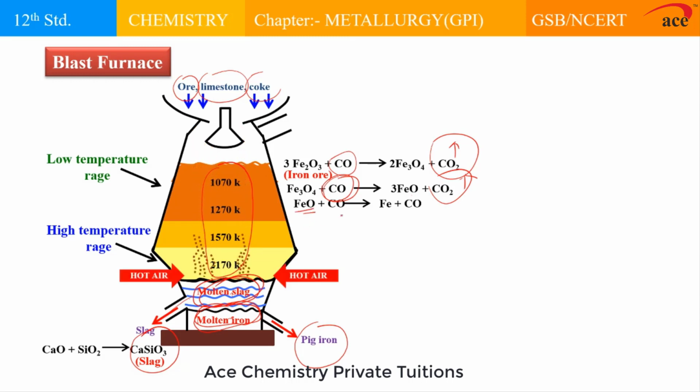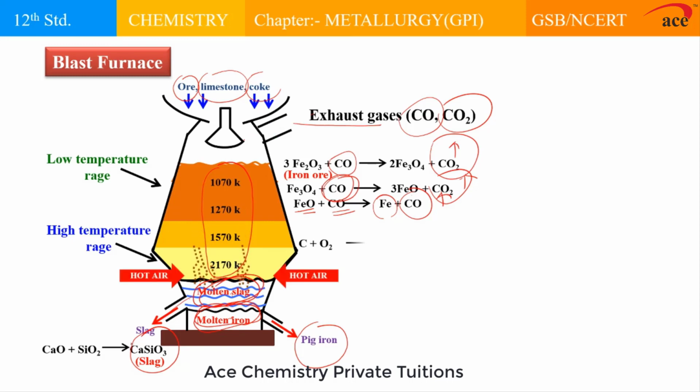FeO is reduced by carbon monoxide to form Fe metal, and the gas obtained is carbon dioxide. All the gases are released as exhaust gases from this outlet in the form of carbon monoxide and carbon dioxide.